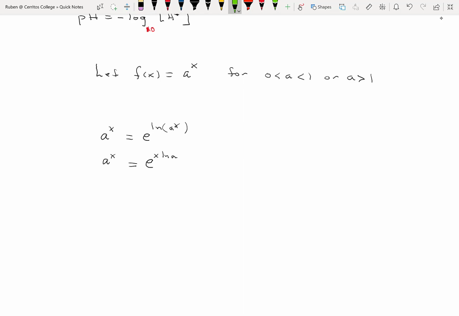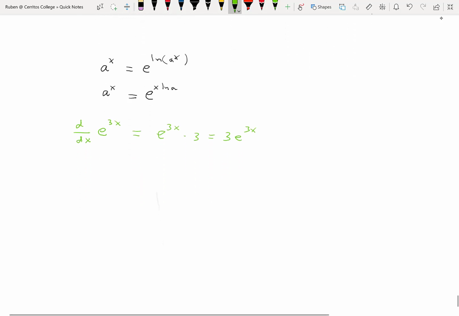For example, suppose I wanted the derivative with respect to x of e to the 3x, something simple from our past section. This would be e to the 3x again, times the derivative of the exponent by the chain rule, times 3, or 3e to the 3x.